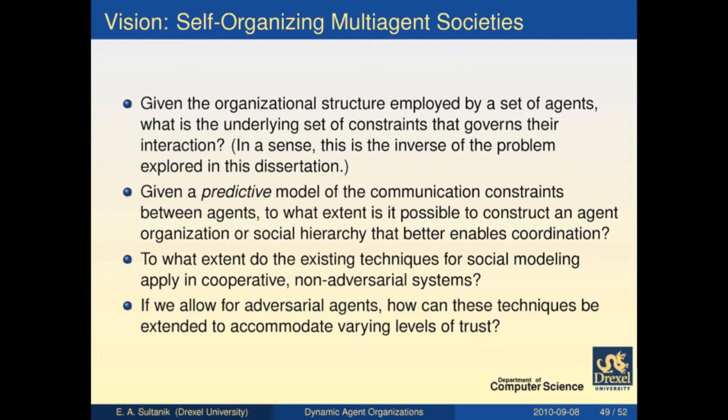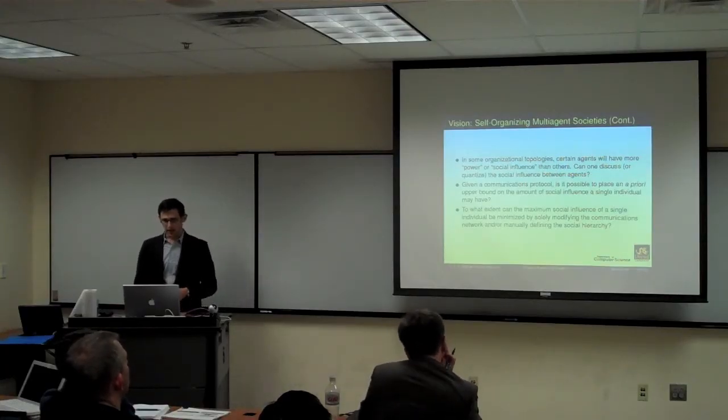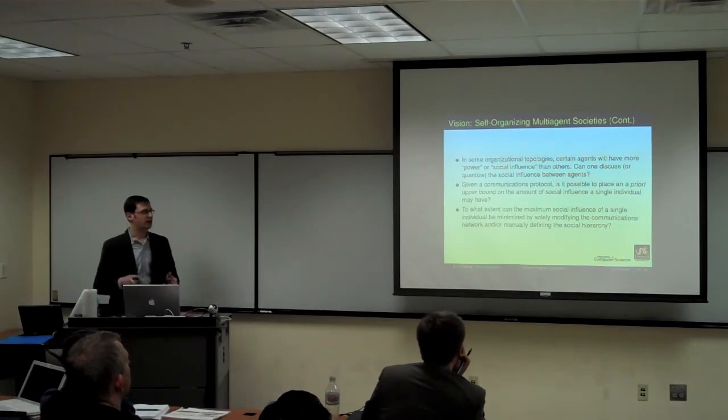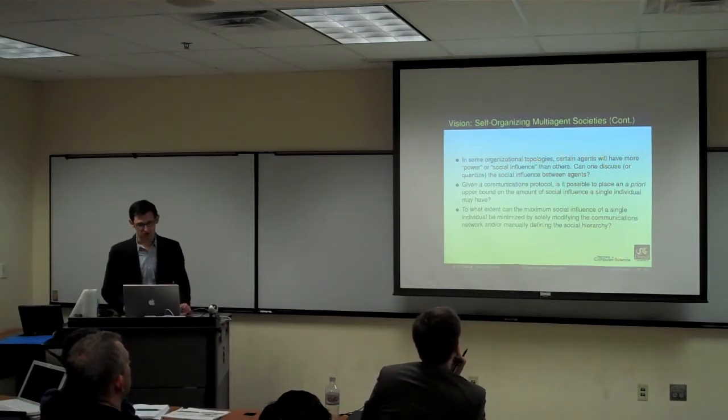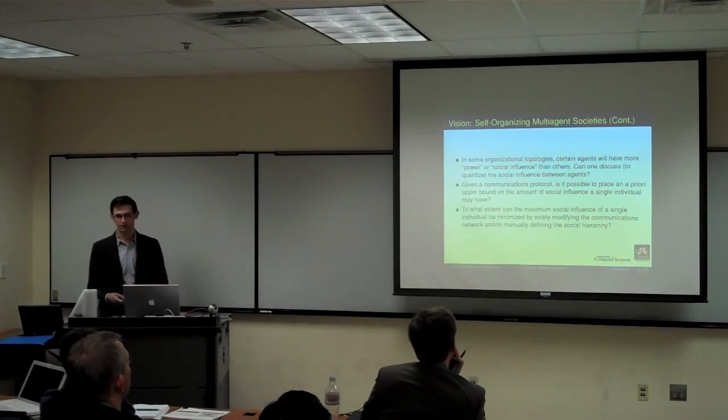And there's been a lot of work in social modeling on problems like these. And there's a question of to what extent that body of research is applicable to software agent organizations. And how do we allow for adversarial agents? And borrowing from the social research, in some organizational topologies, certain agents will have more power or social influence.